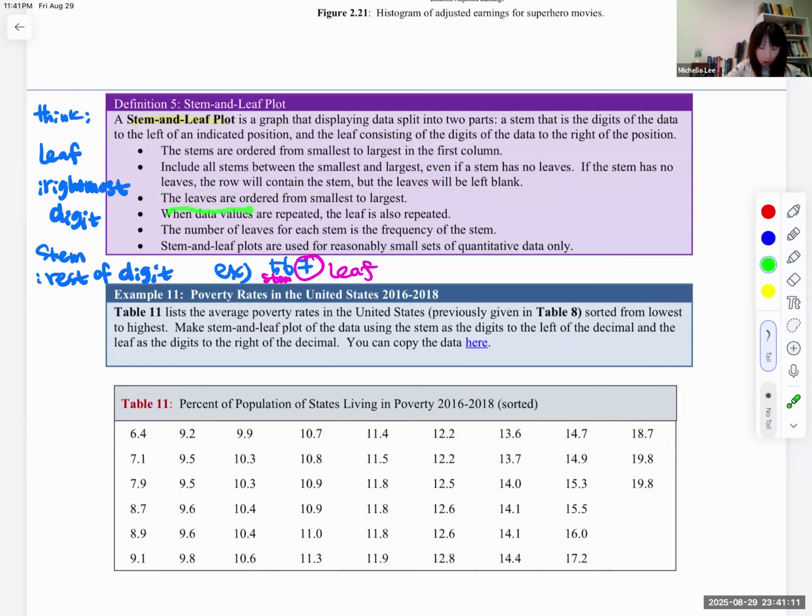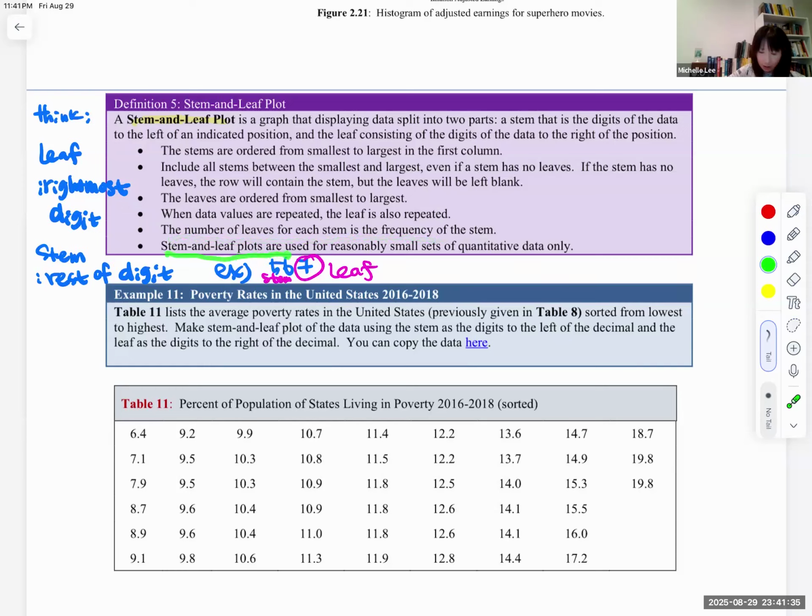The leaves are ordered from smallest to largest, like the stems, right? When data values are repeated, the leaf is also repeated, right? The number of leaves for each stem is the frequency of the stem.